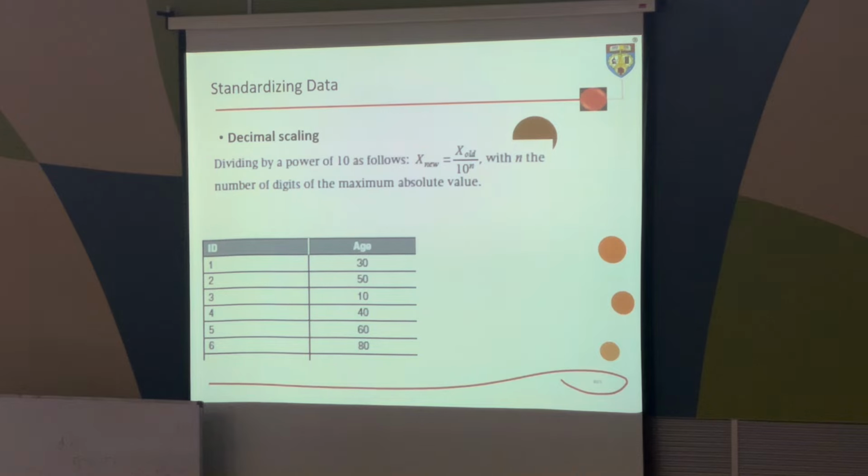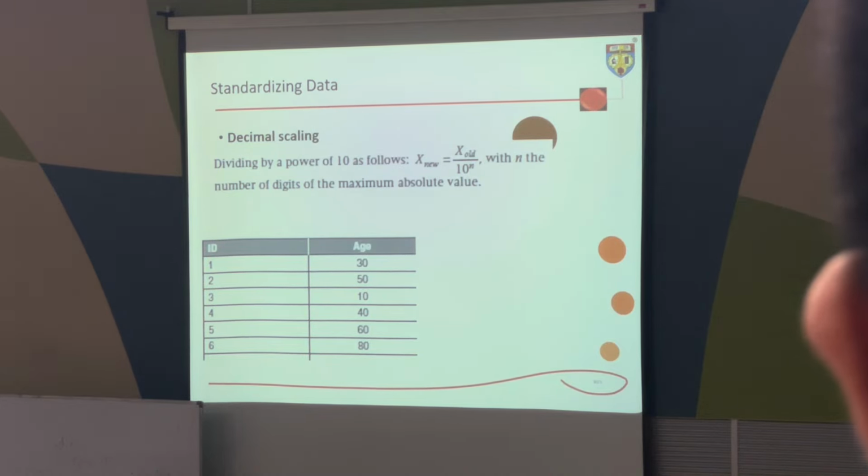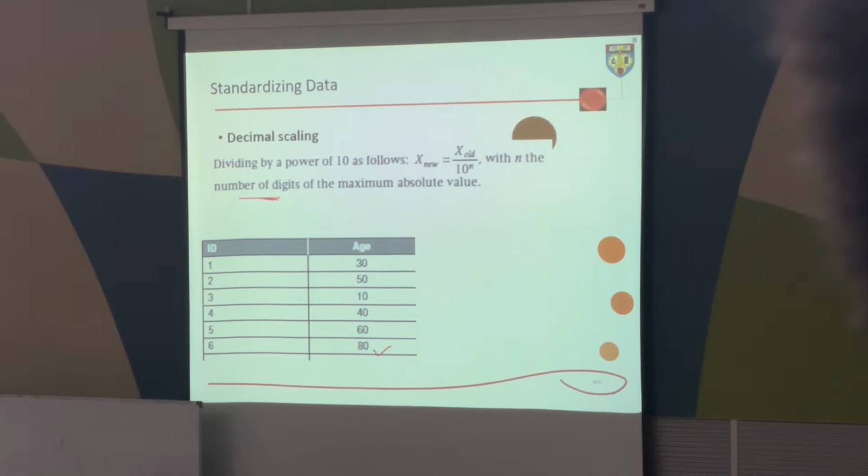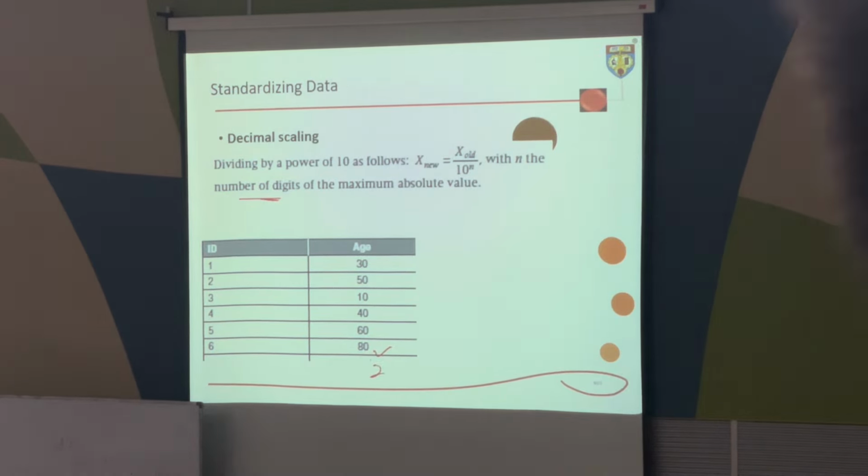In this case, the maximum value is 80. How many digits? 2 digits. Then x new is equal to x old divided by 10 squared. So for example, age for ID1, x old is 30 divided by 100, so 0.3.